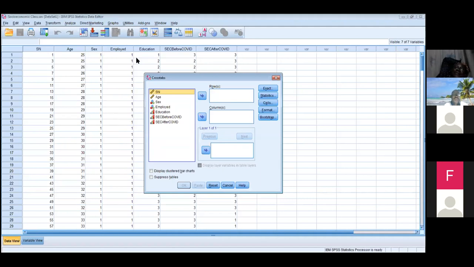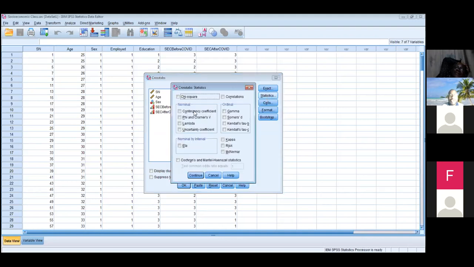Move employment as the column and move education as the row. Yes, education is the exposure. Go and click chi-square. That's all you need. You can do all the other options you did for the other one.